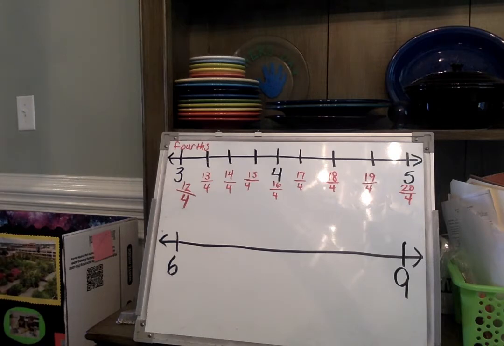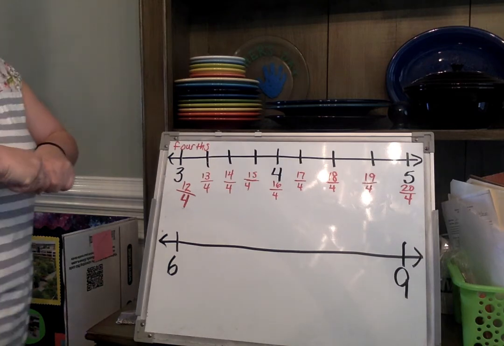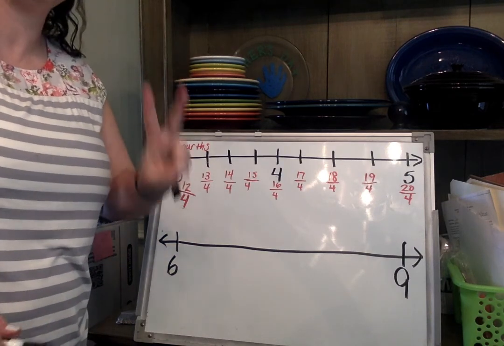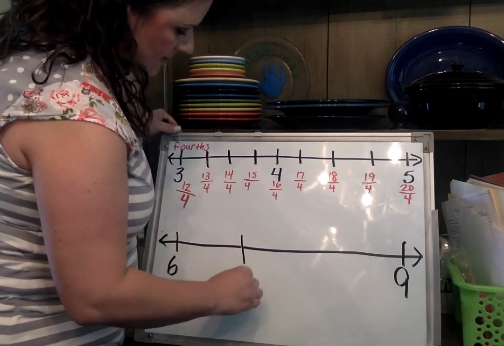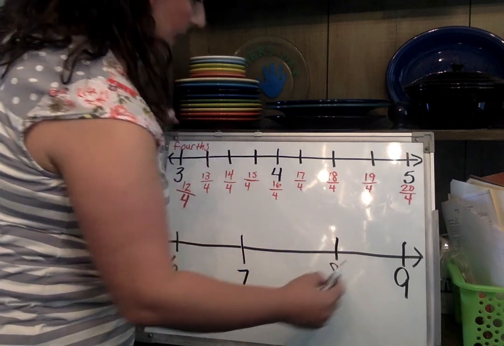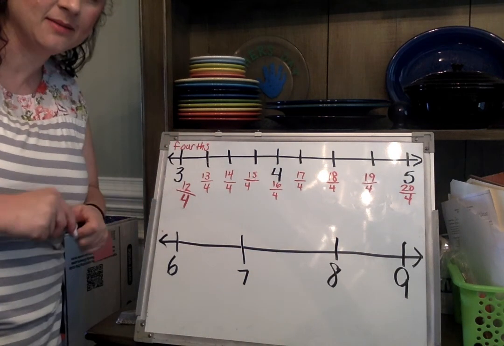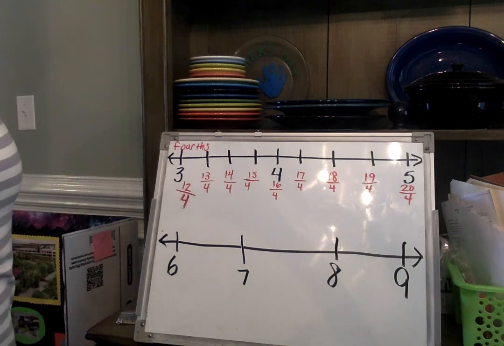And when I say a whole number, I'm talking about like 1, 2, 3, 4, 5. Okay, between 6 and 9, I just counted and I said 6, 7, 8. Oh, I need 2 numbers, and those would be 7 and 8.